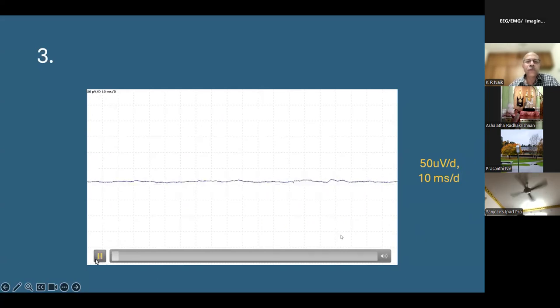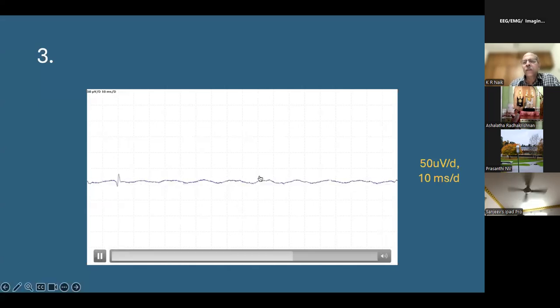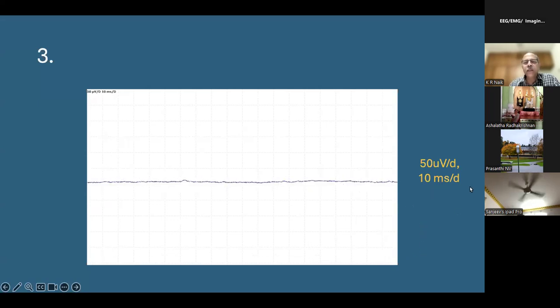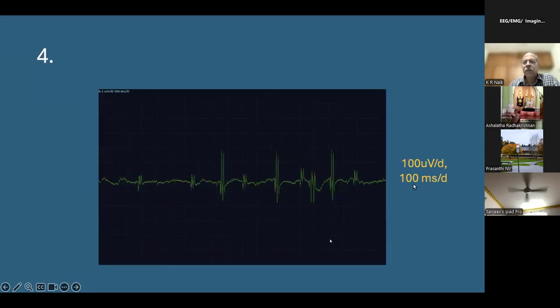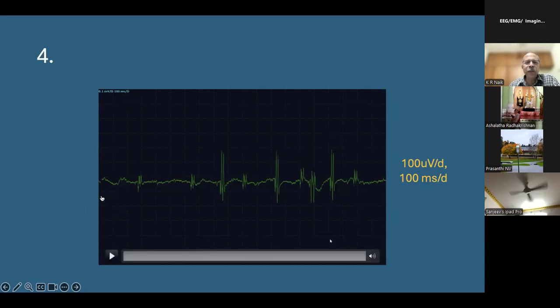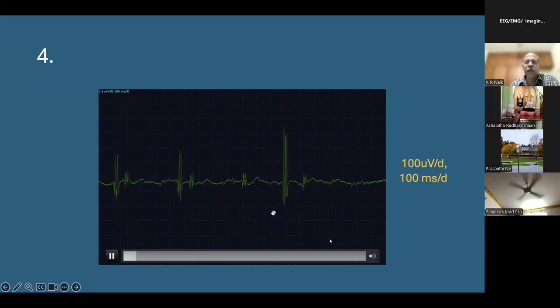So third video. I've taken only the typical ones for the time being. So 50 microvolts per division. Top to bottom is 500 microvolts, and we have 10 milliseconds per division, a 200 millisecond pattern. This is 100 milliseconds per division.